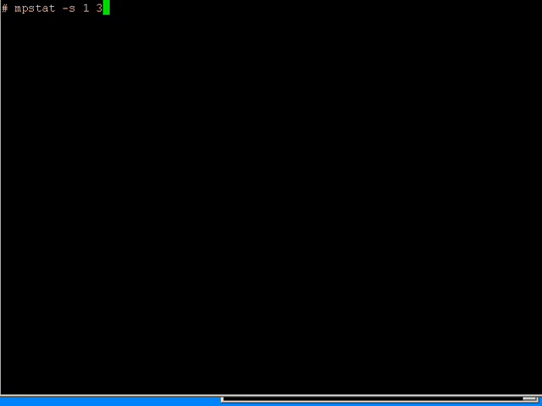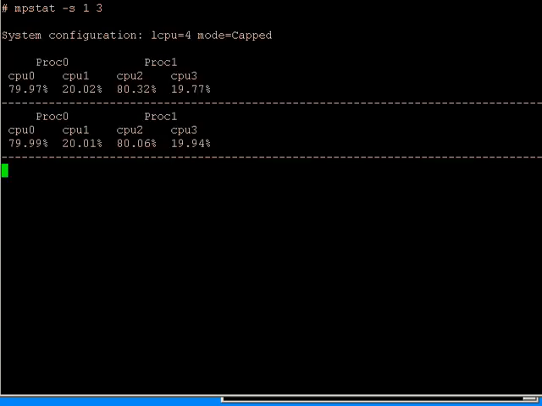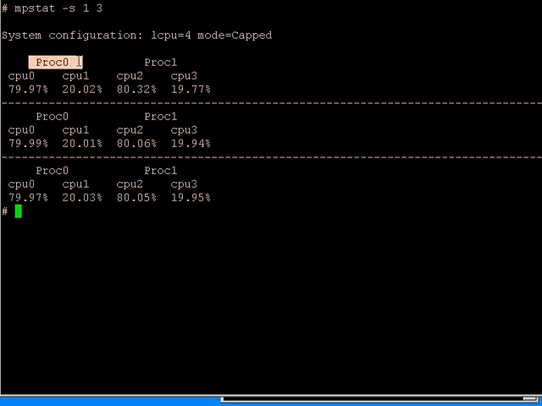One final command to look at is mpstat -s, and if we run that, then we can see for a physical processor the 2 logical CPUs connected to it, and the split of work between those 2 logical CPUs.